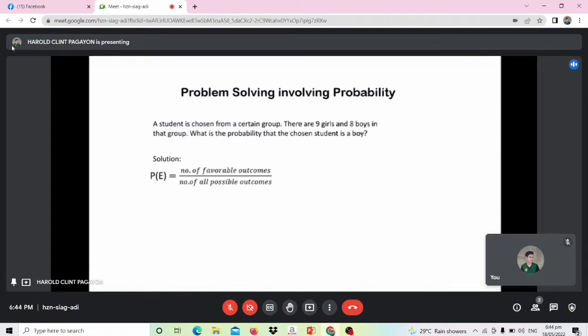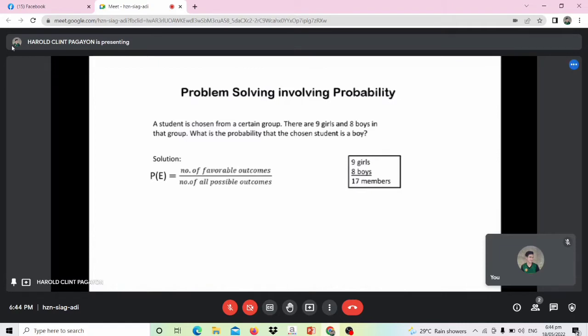This is our formula. We will use the formula in our entire discussion. P of E is equal to the number of favorable outcomes over the number of all possible outcomes. So we will just substitute our given values here.